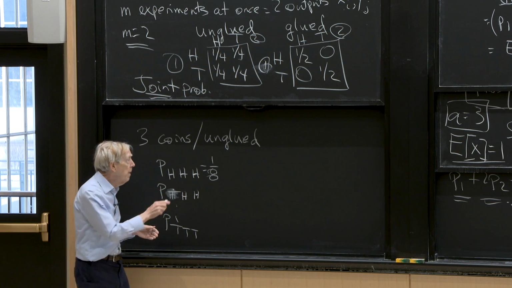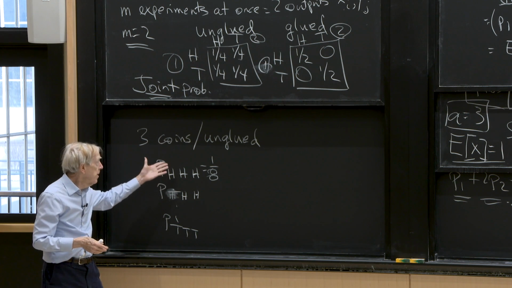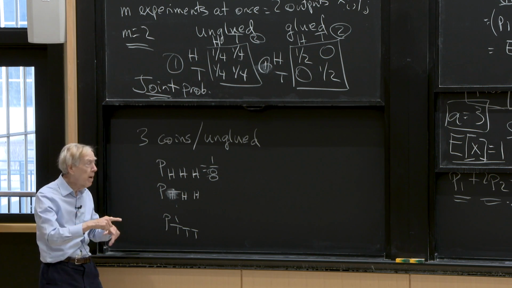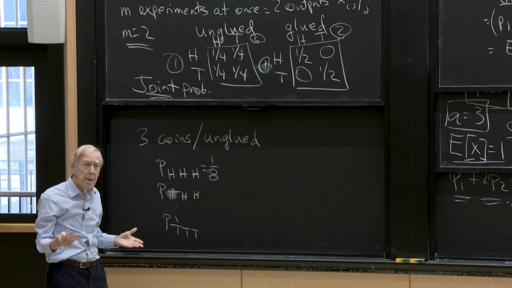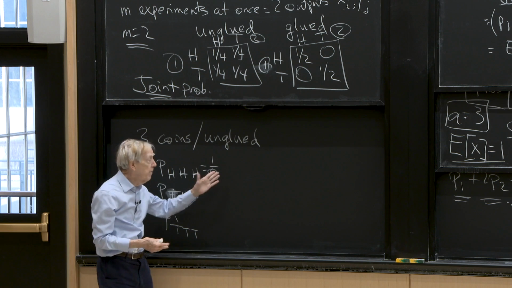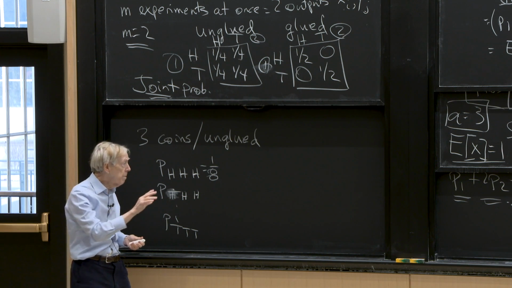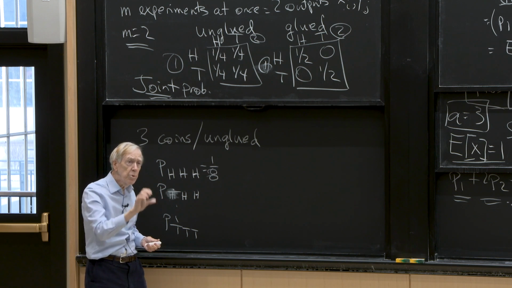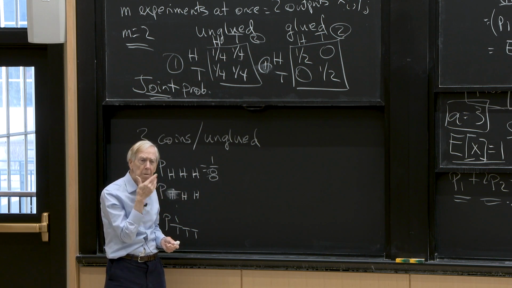So instead of a square like that, an ordinary matrix, I have to think of a cube, right? I have a cube with 2 rows, 2 columns, and 2 whatevers.